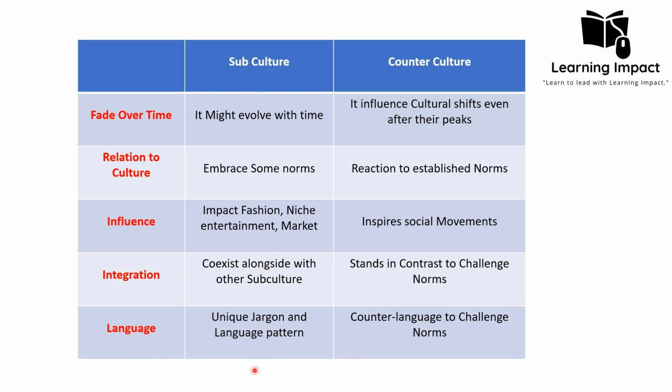Then language. Subculture has unique jargon and language patterns. For example, the Pashtuns of Pakistani society speak Pashto, which is their unique language. But in the case of counterculture, they show counter language. For example, the Black Lives Matter movement's symbol is a raised fist, which is of the counterculture. So it is actually the counter language to challenge norms.